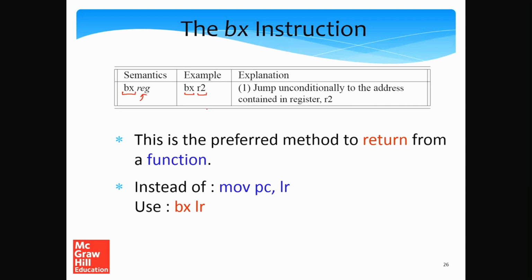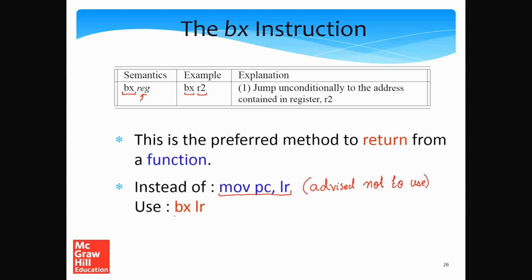So nowadays this is the preferred method to return from a function, and we actually don't use move PC, LR. I mean, we are advised not to use this. So let me write it over here: advised not to use. Well, this should be used in variants of ARM processors that do not provide the BX instruction.